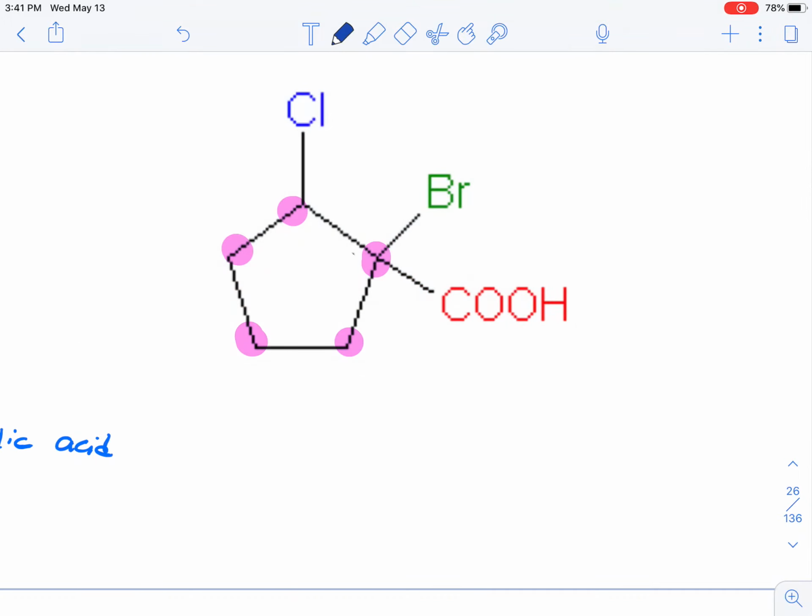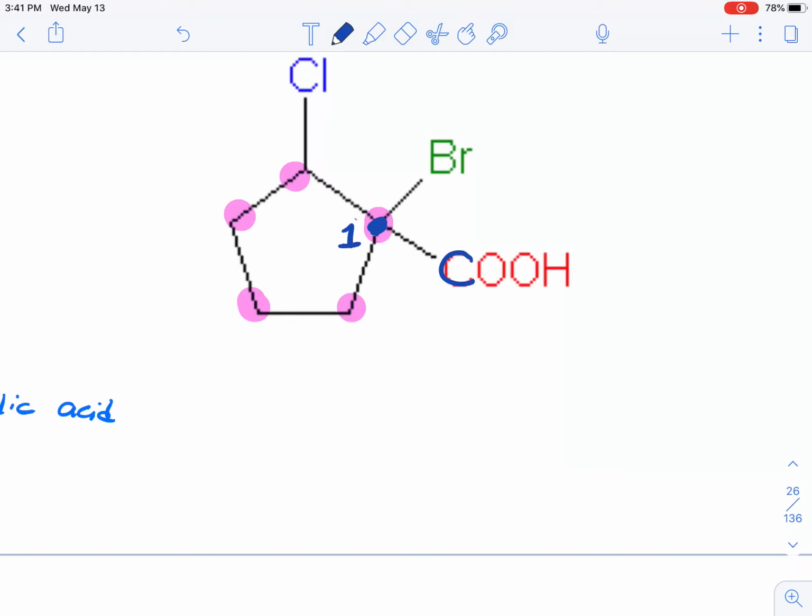And so since my carboxylic acid is found on this carbon, this is going to be carbon number 1. And so the name of the parent ring is going to be cyclopentene. And then I'm going to describe my functional group, carboxylic acid.